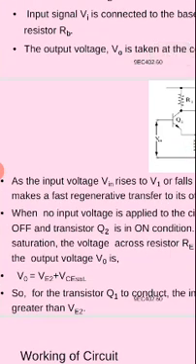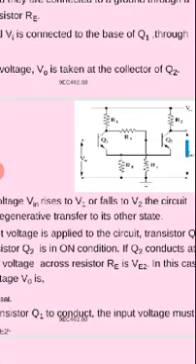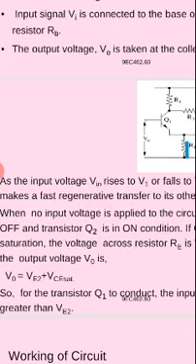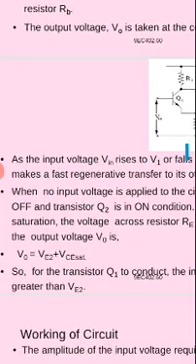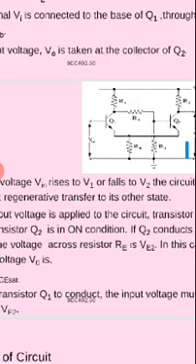As the input voltage Vin rises to V1 or falls to V2, the circuit makes a fast regenerative transfer to its other state.